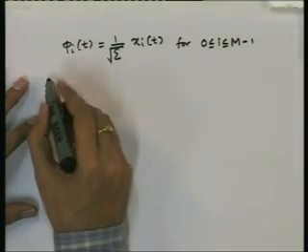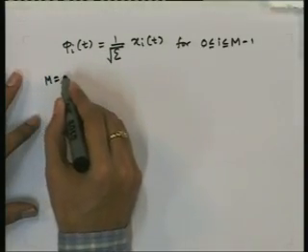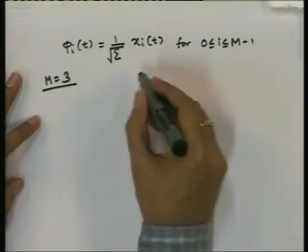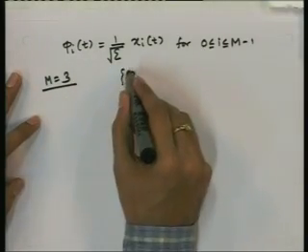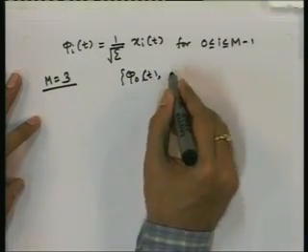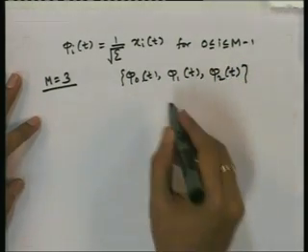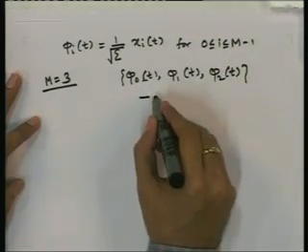Okay. Now, let us take one particular example and plot the constellation. So, what do we have? For m equal to 3, phi_0(t), phi_1(t) and phi_2(t) is an orthonormal basis.